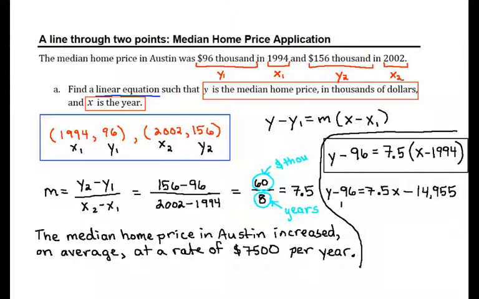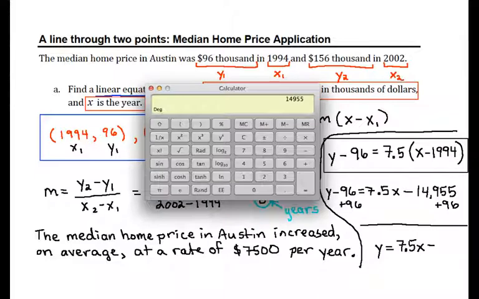Then I would add the 96 to both sides to get an equation in slope-intercept form. 7.5x minus, let's take that 14,955, make it negative, add a 96, and we get negative 14,859.